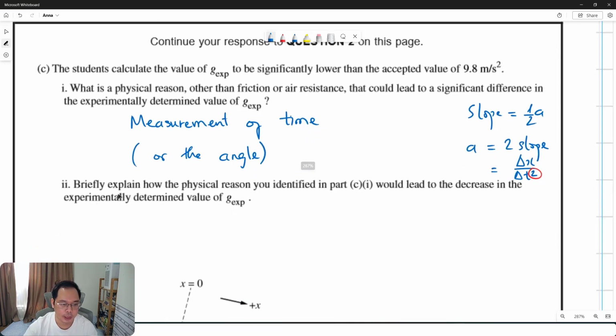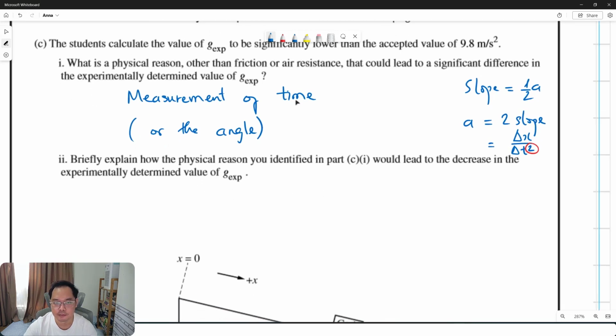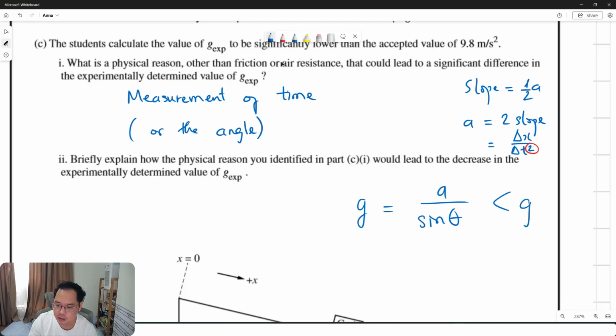Question 2: explain how the physical reason you identified in part one would lead to a decrease in the experimentally determined value of g. You have the formula for g is A over sine theta, and the value of g that you calculated is smaller than the accepted value, which is 9.8 meters per second squared.